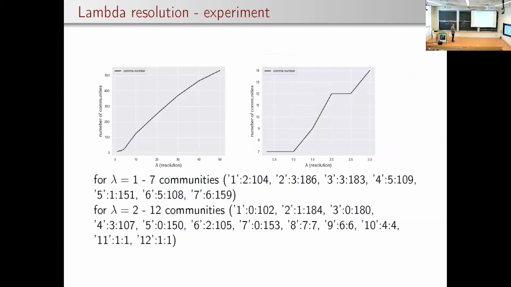When I do a computation with different levels of lambda resolution, we can easily check that the number of communities grows rapidly. It is normal. If I take this region here, we can see that if I change the resolution from 1 to 3, it gives me twice the number of communities at the beginning.